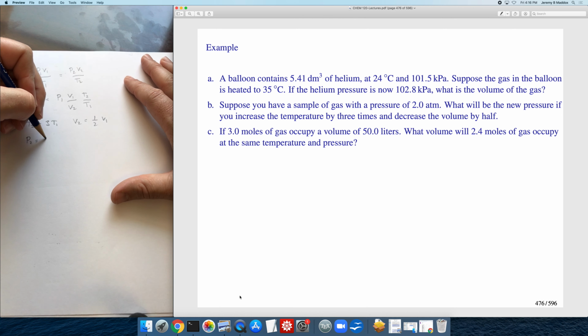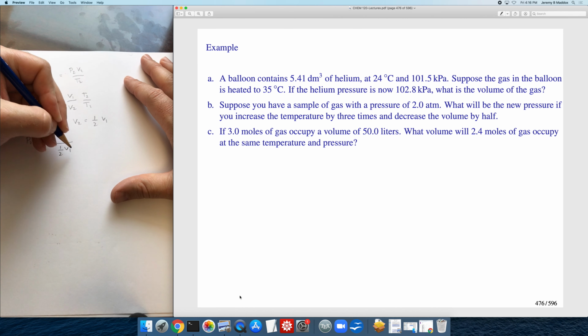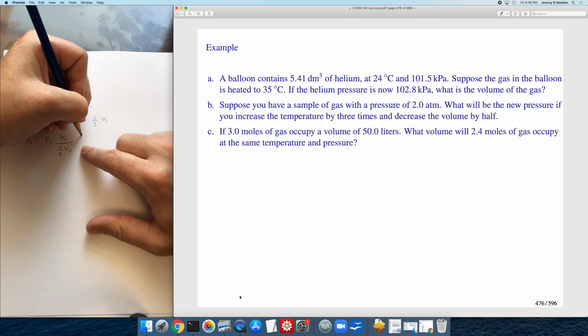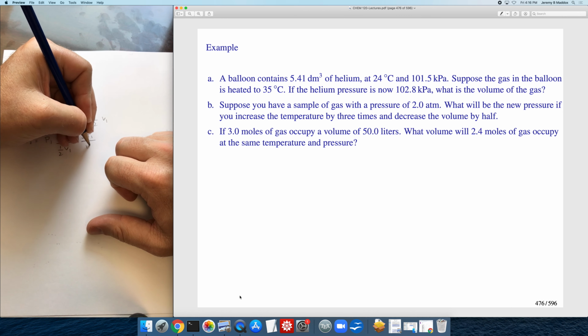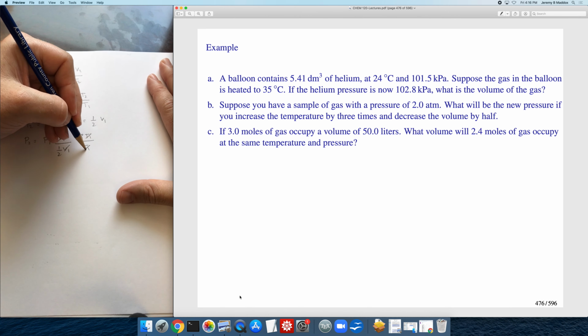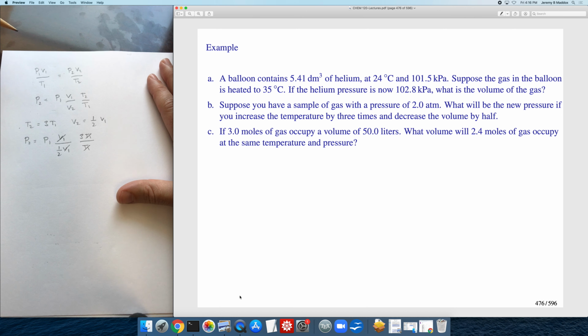P2 equals P1, V1 on top, and then it's 1/2 V1 down below. That's V2. And then T2 is 3 times T1 divided by T1. Notice that the quantities that we don't know cancel out.